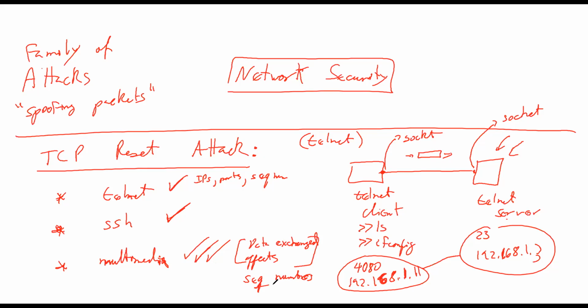Because it affects the sequence numbers, if you don't have the right sequence number, you may not be able to fool the computer into thinking that your spoof packet belongs to that session. That's the tricky part with this one.